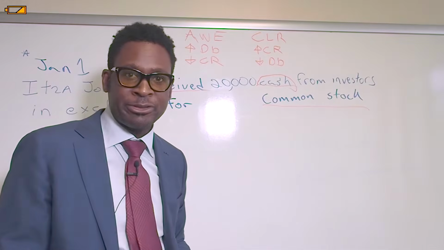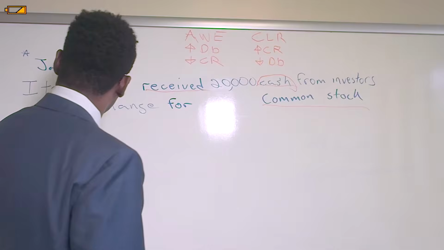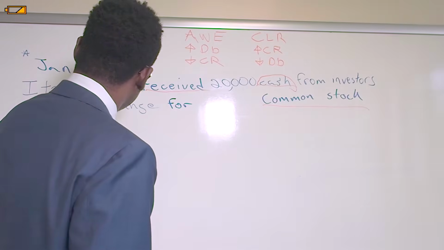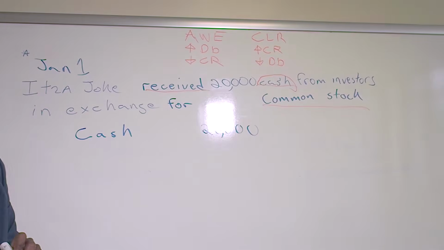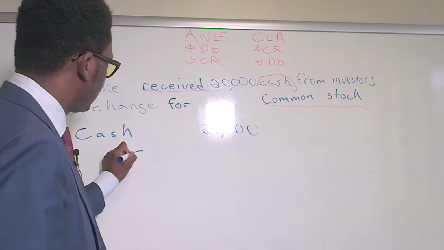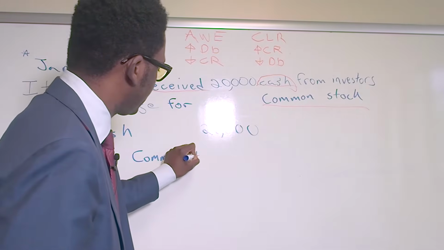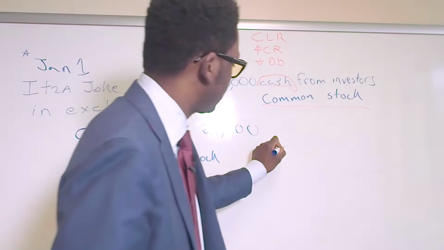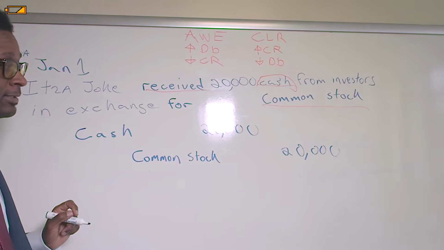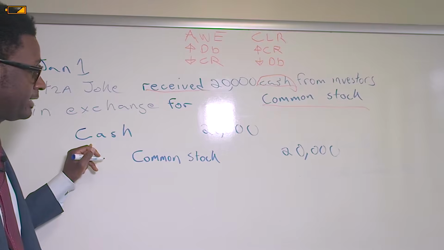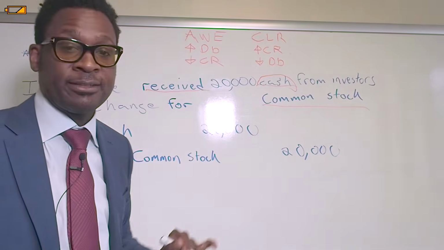Then we go to proper journalization. So we're always gonna debit first. So we're gonna debit our cash for $20,000. And we're going to credit common stock. Remember to indent like you're starting a paragraph anytime you want to credit something. And bags on bags, we are done. Our debits equal our credits, and we have debited cash for $20,000, and we have credited common stock for $20,000 as well.